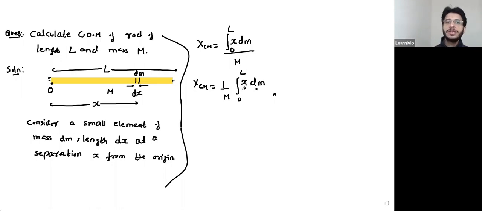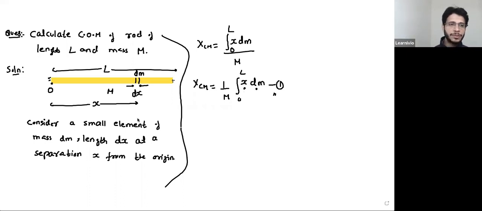If you want to integrate x, then instead of dm, you should have dx. But the formula says there should be mass only. So through some mathematical steps, you have to write this dm in terms of dx.